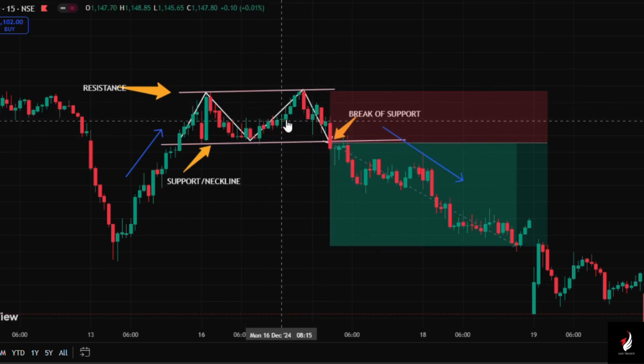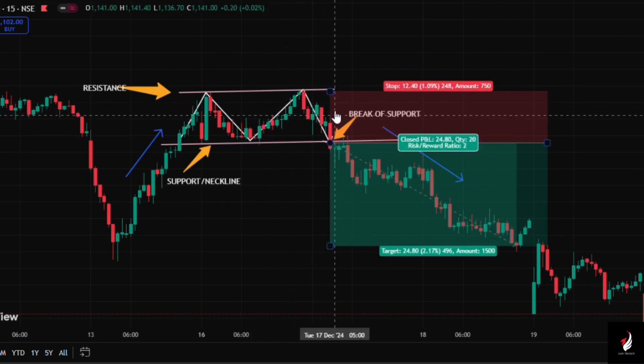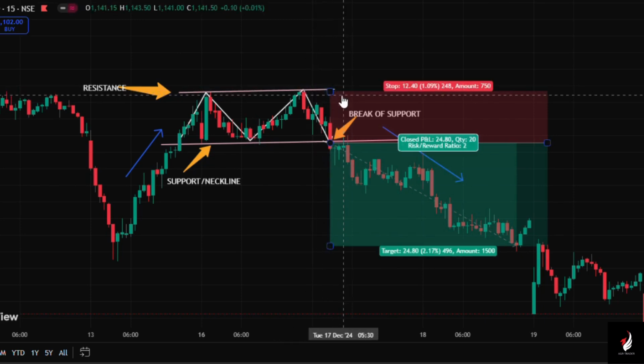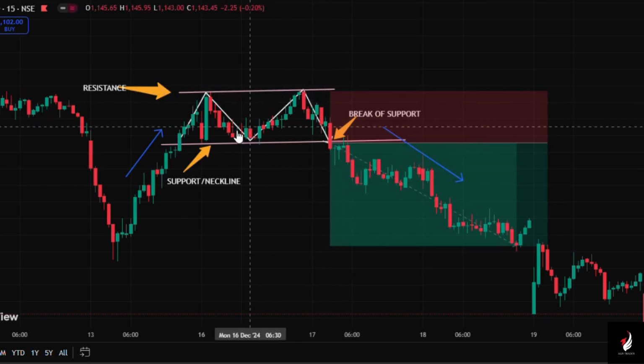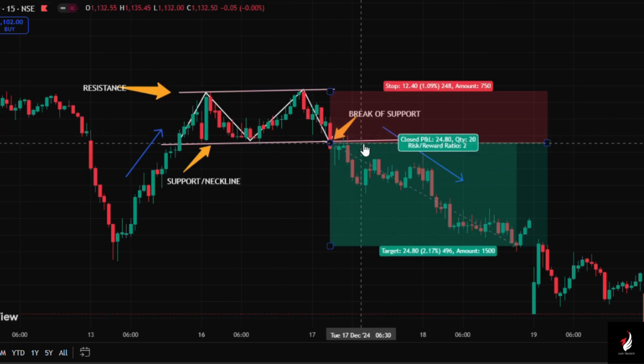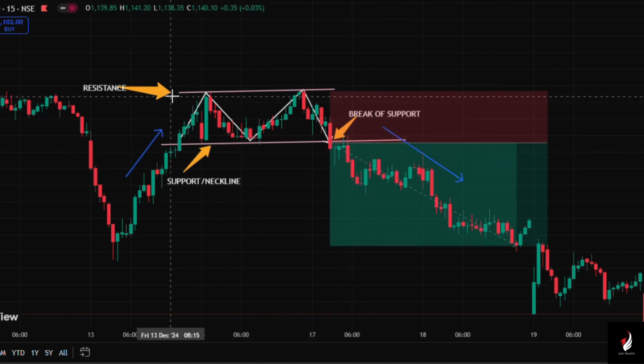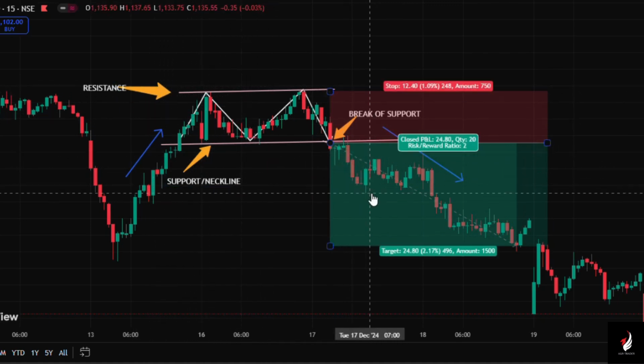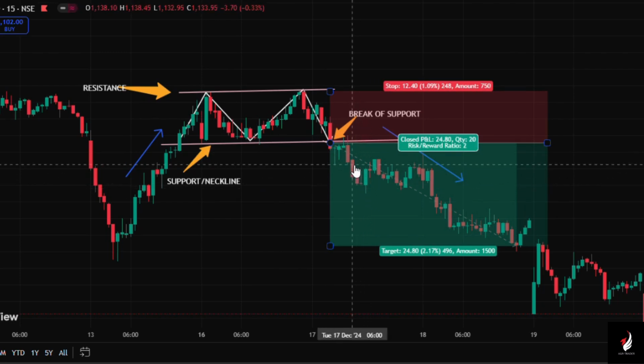According to the steps, we have to place our stop loss exactly at the second top, as I have marked over here. I actually took a risk to reward ratio of 1:2. You can take it equal also, like the distance between the resistance and the support, you can take that much also for your safer side.